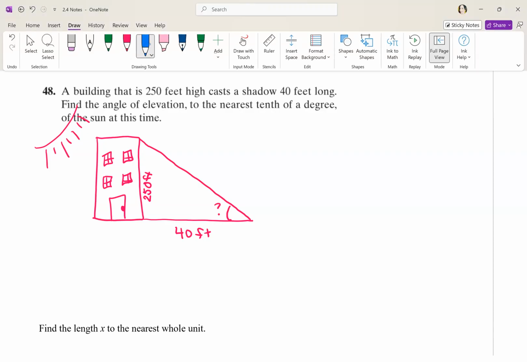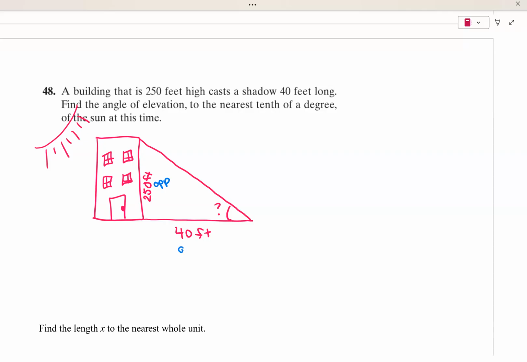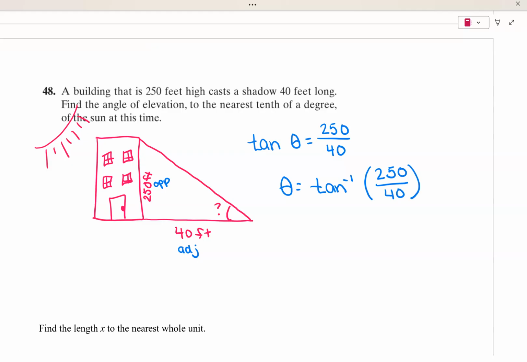Okay, so looking at our angle, again, we're given opposite and we're given adjacent. So tangent of whatever angle this is equal to 250 over 40. So to find the angle, we do inverse tan of 250 divided by 40. So theta is going to be equal to 80.9 degrees.